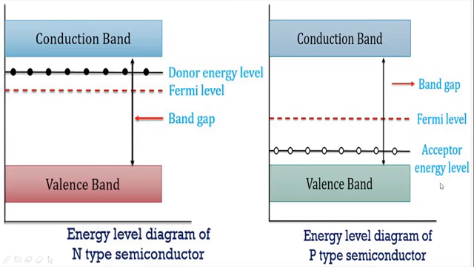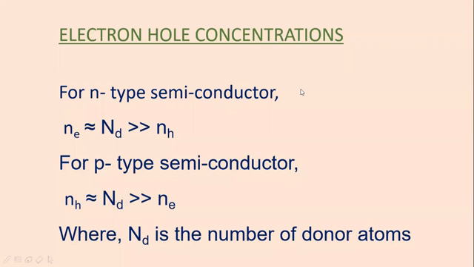Whereas for a p-type semiconductor, the majority carriers are holes, and the concentration of acceptor atoms is nearly equal to the concentration of holes, the charge carriers. Okay, so this is the energy level diagram for a p-type semiconductor and an n-type semiconductor. Now see the electron and hole concentrations for n-type and p-type semiconductors.